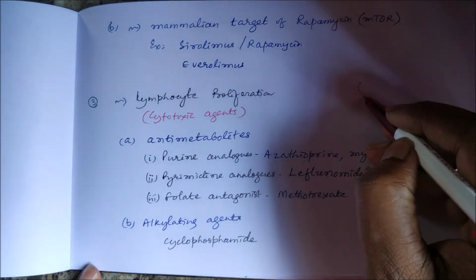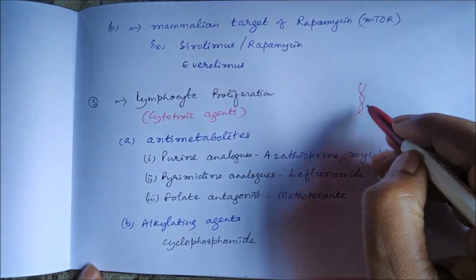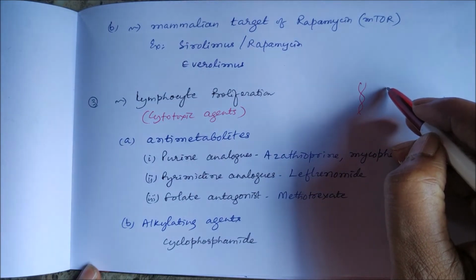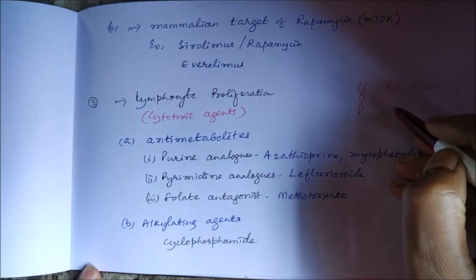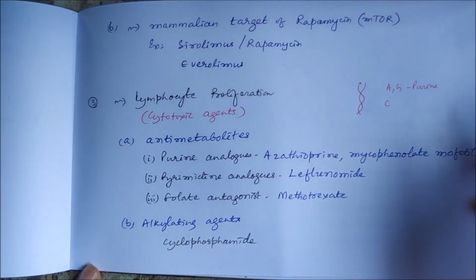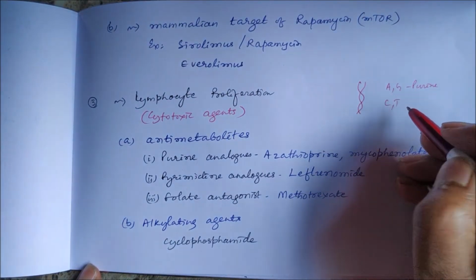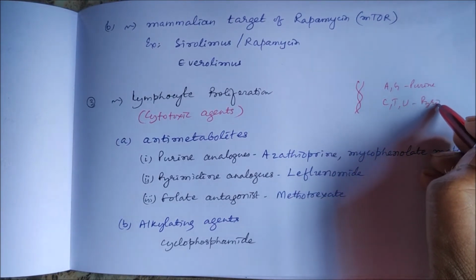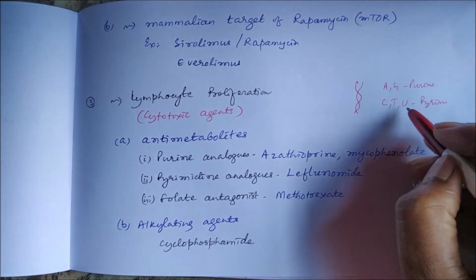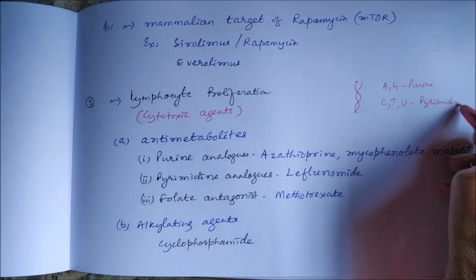Because in the DNA we have the bases, adenine and guanine are the purine bases, and cytosine, thymine, uracil are the pyrimidine bases. Uracil is present in RNA, so these are the pyrimidine bases.